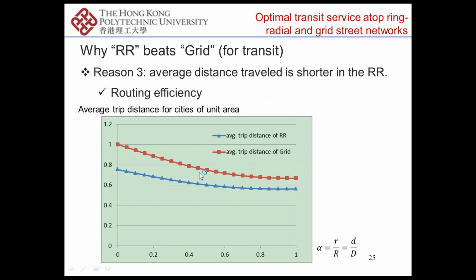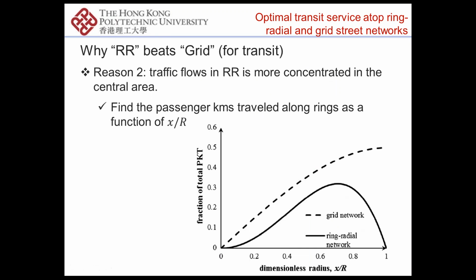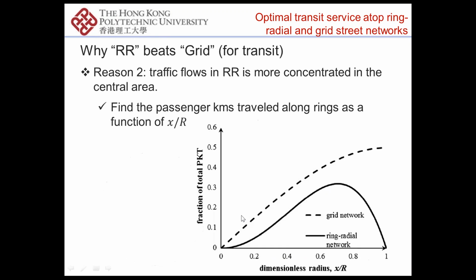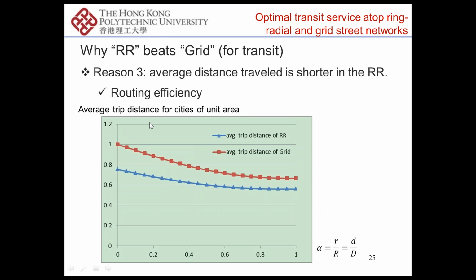So here, if passengers can arbitrarily choose the shortest trip distance, then we plot the average trip distance as a function of alpha. Notice alpha indicates the size of the central area, which is the ratio between small r and big R for the ring-radial network, or small d and big D for the grid network.